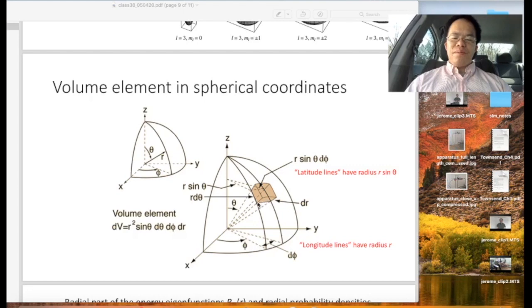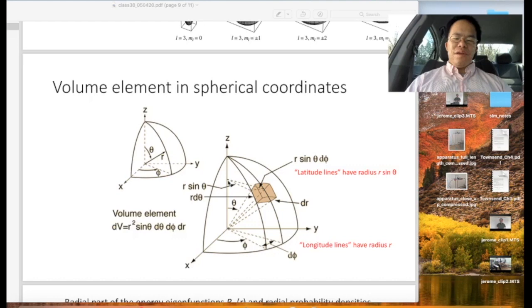As for the length of this piece over here, these lie along what I call latitude lines, if we were to imagine a globe. The key thing is that latitude lines have a radius of r sine theta. On a globe, that means the latitude line at the equator is a lot bigger than near the north or south pole.